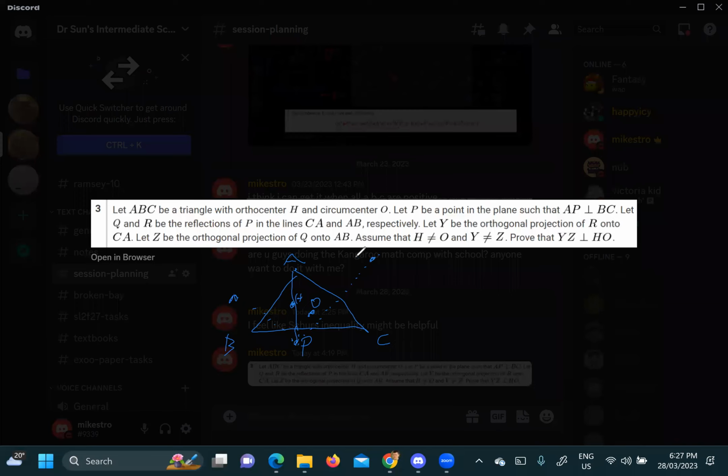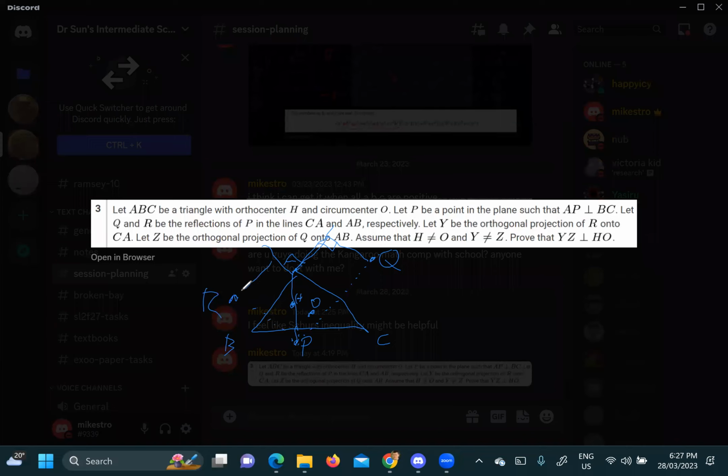Reflections in CA and AB, it's Q, R. And then let Y be the orthogonal projection of R onto CA and let Z be the orthogonal projection of Q onto AB. So basically you reflect it in one of these two sides, and then you project it onto the other side, like the foot of the perpendicular.